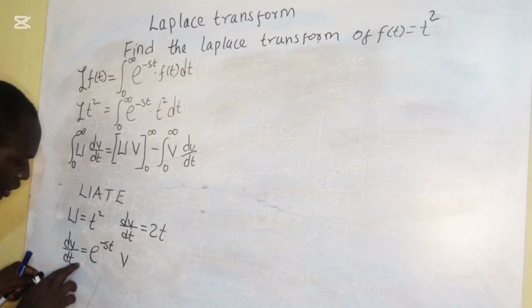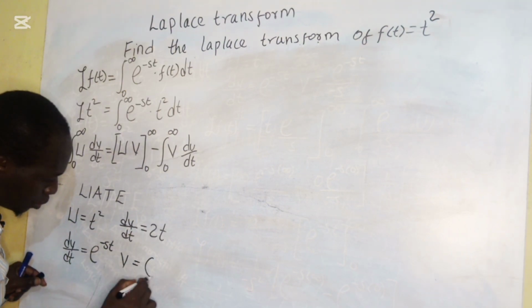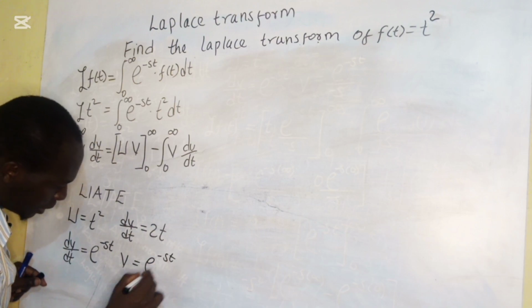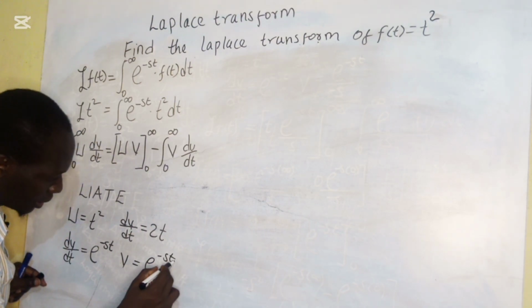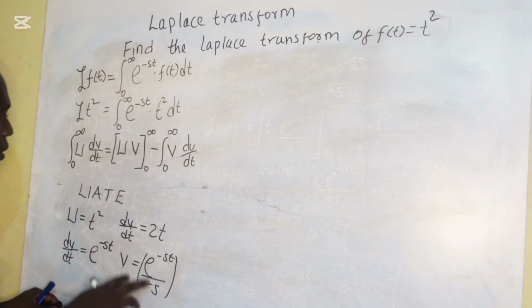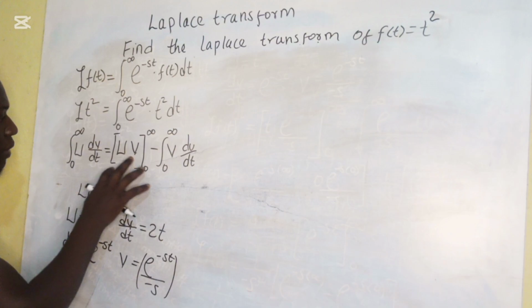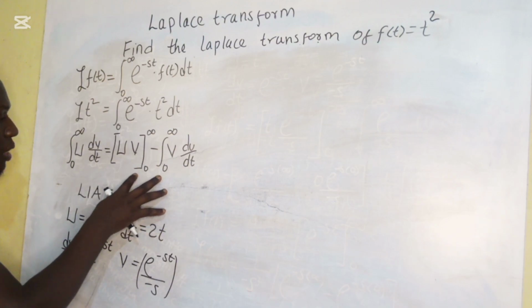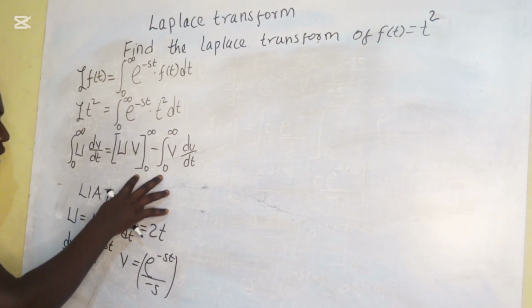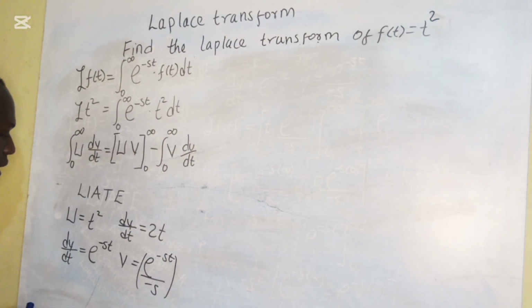And when we integrate whatever we are having here, we are going to have v, which is equal to negative e^(-st) all over negative s. Now at this point we have whatever we were looking for, so as we can simplify we can use integration by parts to simplify whatever we are having here.